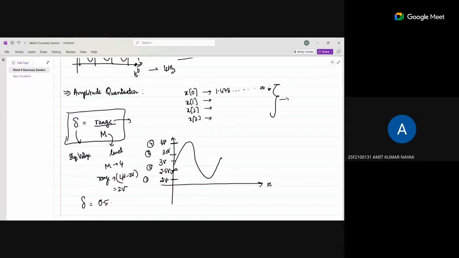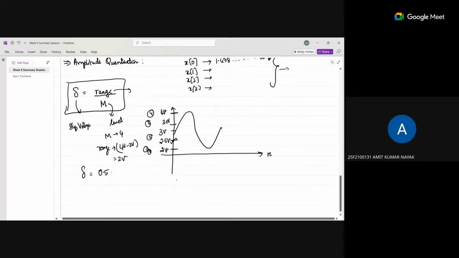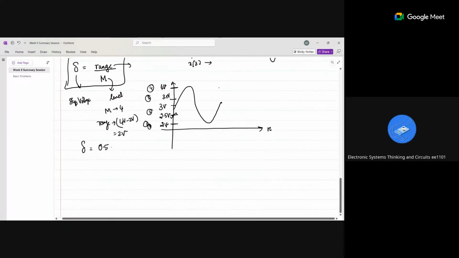Then 4. Then again, I'll be marking this as 0, 1, 2, 3, 4, and my time axis is also 1, 2, 3, 4. So now I have discretized my time axis and my amplitude axis also, right?